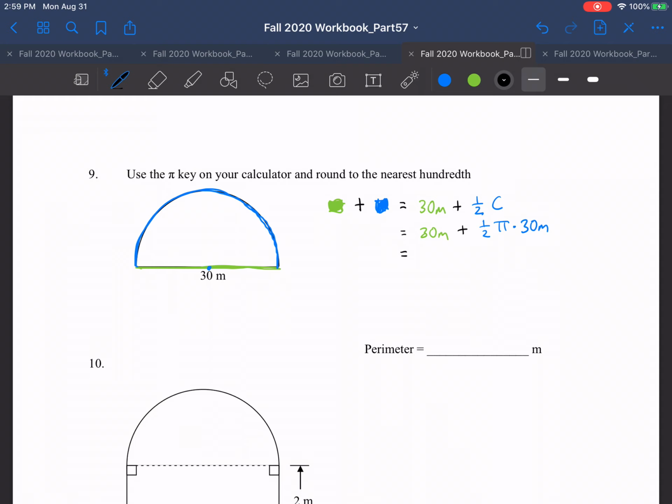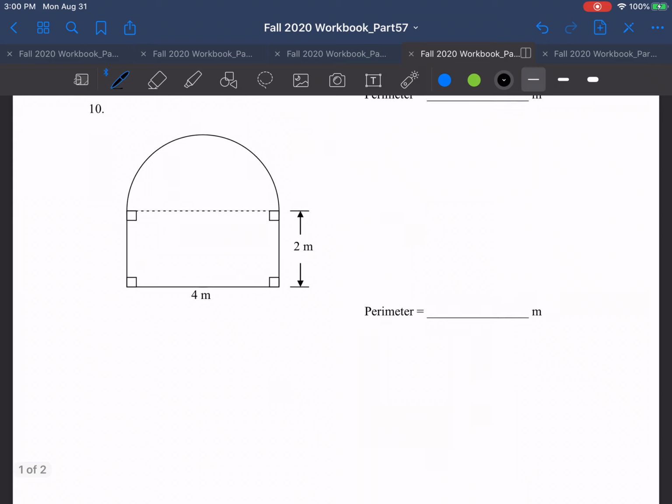But it's going to be 30 plus 1/2 of pi times 30, and if you want one more little extra step here, we can multiply the 1/2 times the 30, and you'll end up just having to do pi times 15 meters, if you're fine with that. But either way, try plugging that into your calculator, get your answer, and then check it and make sure that you got it right.